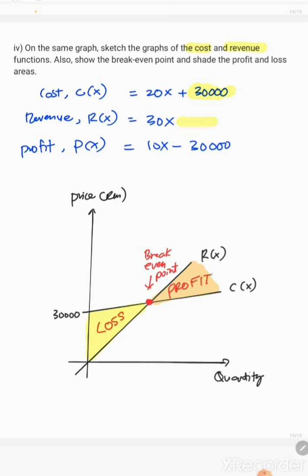So we have sketched the cost and revenue graph, shown the break-even point, and shaded the profit and loss. This is a complete answer. I hope you understand. Thank you.